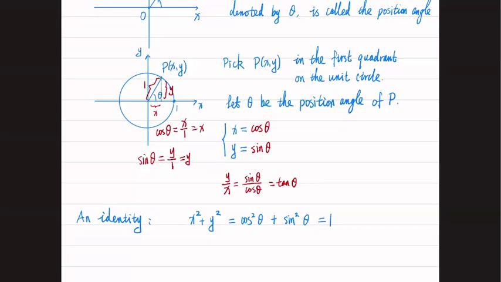So we have a formula, a very useful formula. Previously, the two functions, cosine and sine, seemed irrelevant. They satisfy this identity, and we verified this before for some special angles.